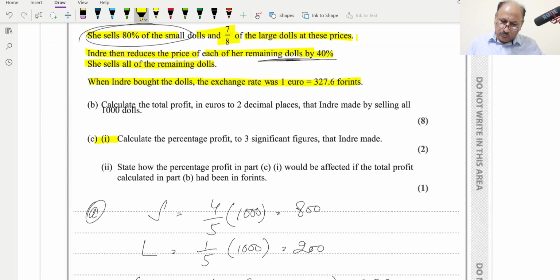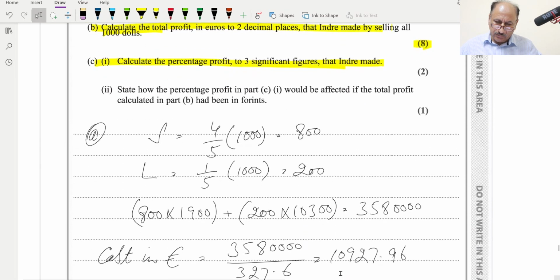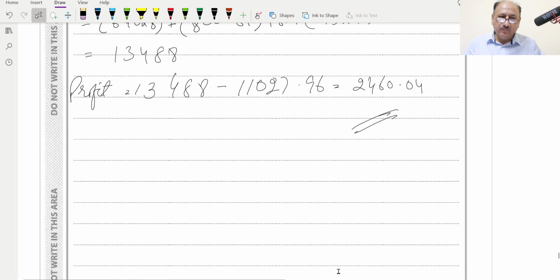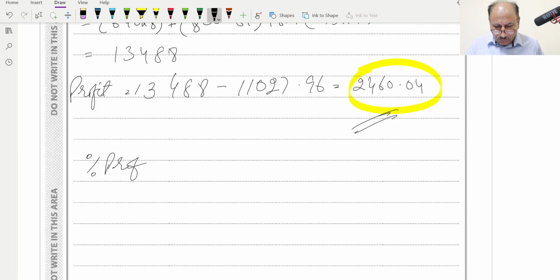C part: calculate the percentage profit to three significant figures. B part we have already done, which is 8 marks. Now we have to calculate the percentage. This is the profit, so we will use this for percentage profit.